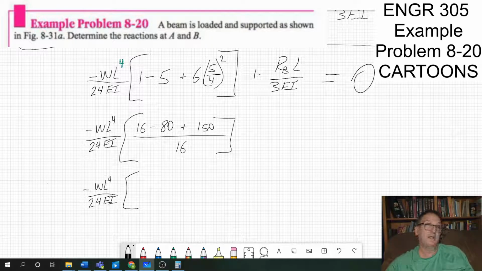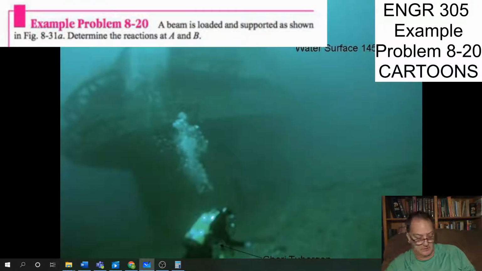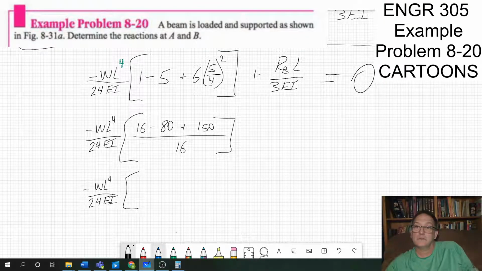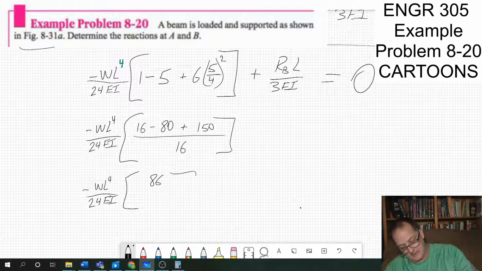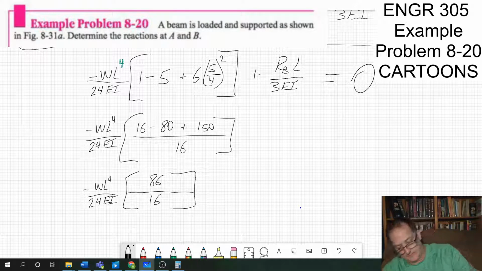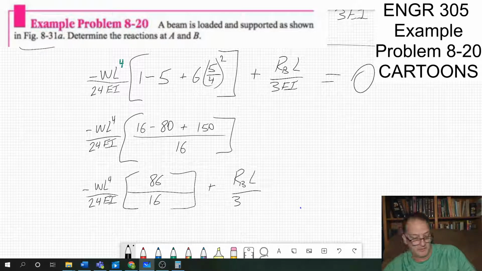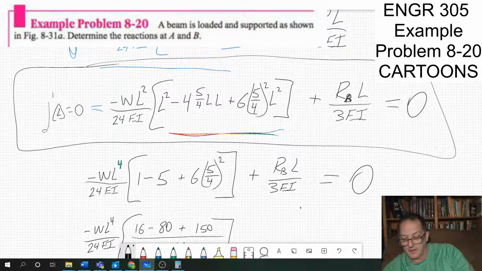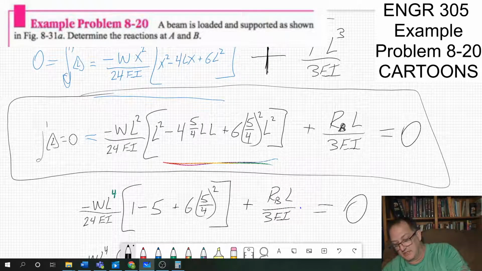16, that's actually calculator time. 16 minus 80, 64 plus 150, and it's going to give me 86 divided by 16 plus RBL over, see this?